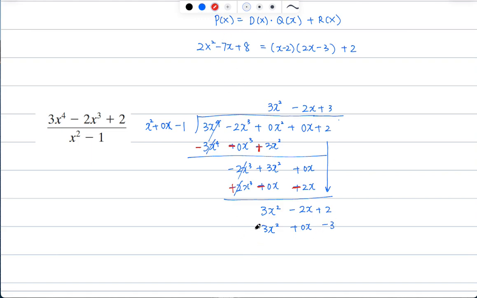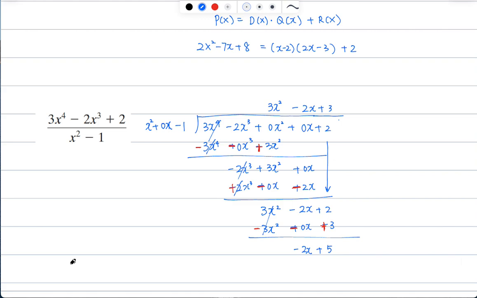Then apply subtraction, this also changes to subtraction. This one I'm going to make a positive sign. Then this cancels out. I have left negative 2x plus 5.